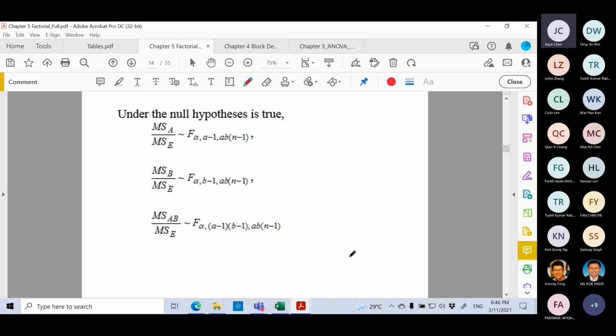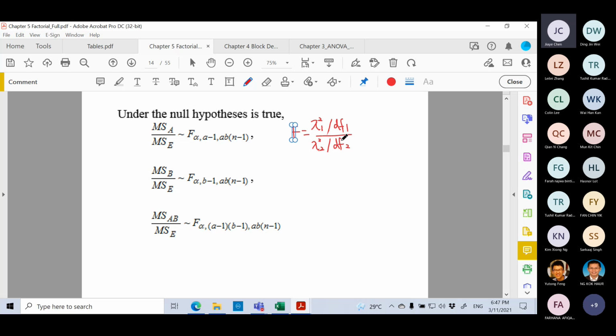Under the null hypothesis, H naught is true, we know that the MSA divided by MSE will follow the F distribution. This part is similar to what I have mentioned to you. The F distribution equals the first chi-square distribution divided by its degree of freedom, over the second chi-square distribution divided by its degree of freedom.